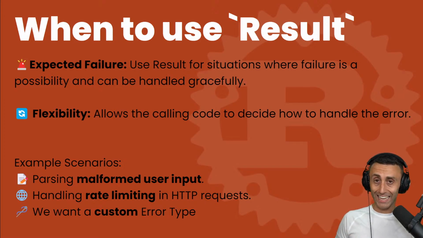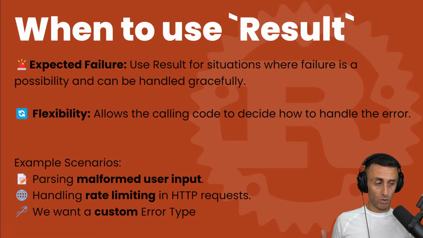We have HTTP codes like 200, 300, 400, and this is absolutely normal because we know that when we make some HTTP request, something might go wrong, and this is fine. So this is to handle the failure in this case. And another use case is when we want the code to be more flexible. We decide that we want to handle the error and not just have the program stop executing.